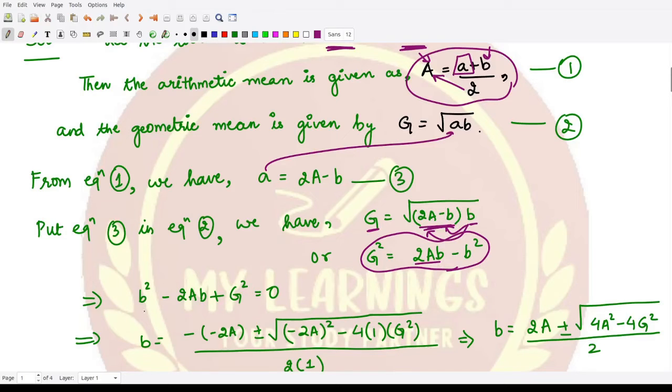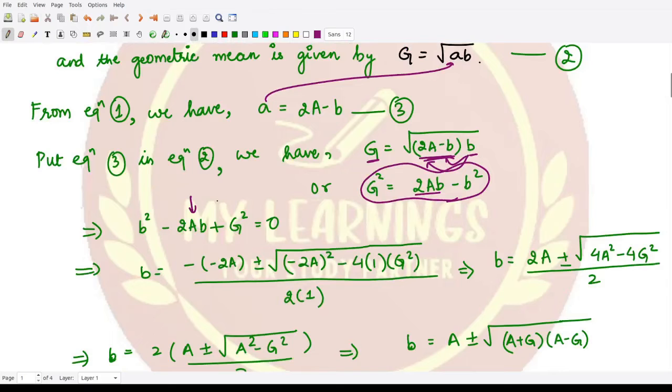Rearranging the terms, we have b square minus 2Ab plus G square equals 0. Now here the value of A is given to us, the value of G is given to us, the only unknown is this value b. So this forms a quadratic equation in b. This is a degree 2 equation, so we know how to solve this equation. We can use the discriminant rule to solve this equation.